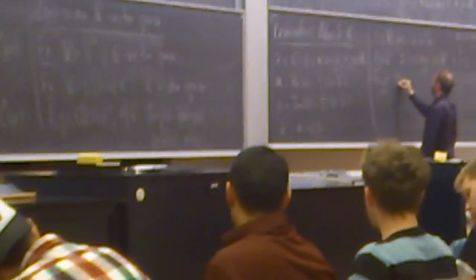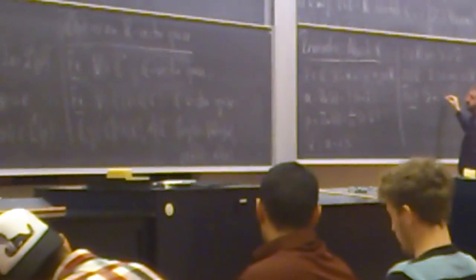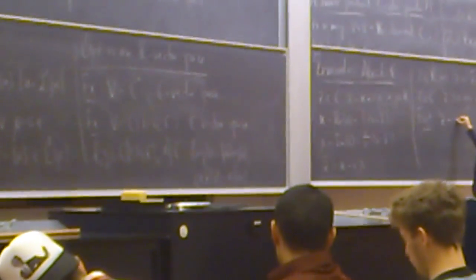If I take two complex numbers, say z and w, and I complex conjugate them, then I add them, the complex conjugate of the sum is the sum of the complex conjugates, and similarly the product.